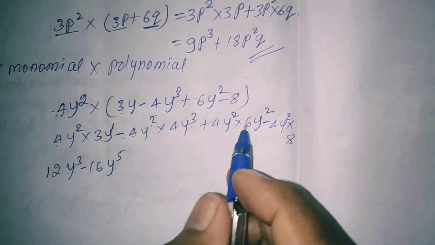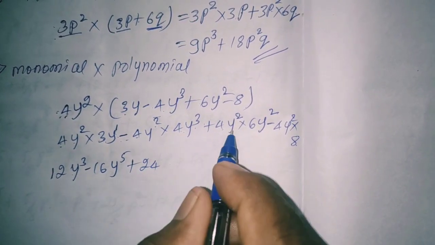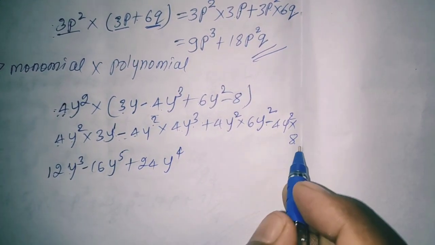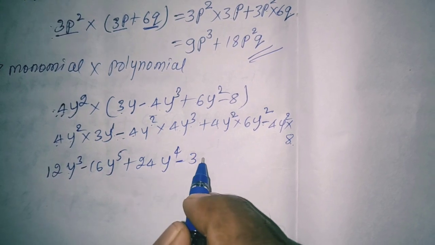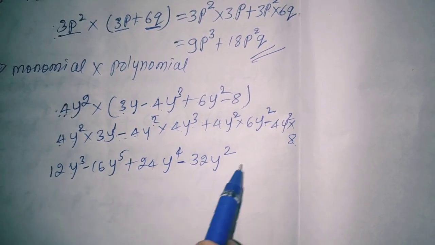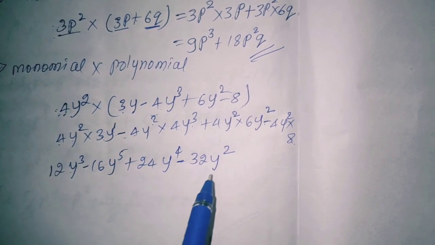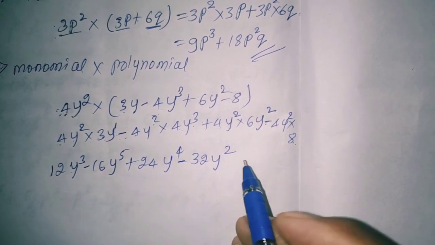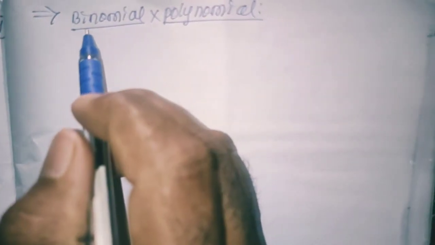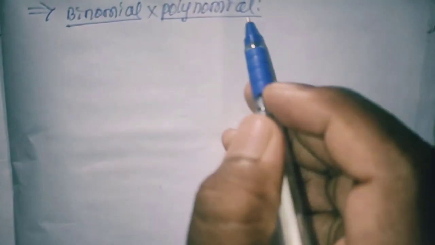Then 4 6s are 24. y square into y square, y raised to 4. Then again minus 4 into 8, 32, 4 8s are 32. y square as it is. Now we have to check the like terms. If they are like terms, then add them, or else keep as it is. This is the answer.